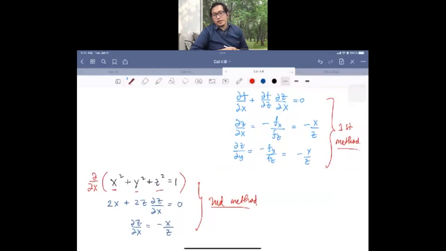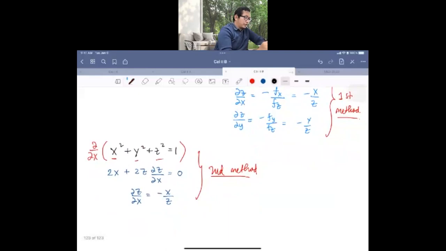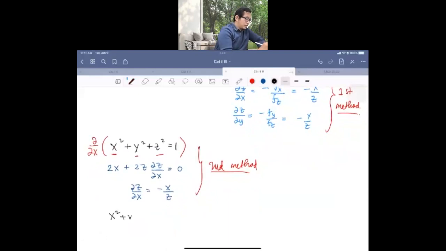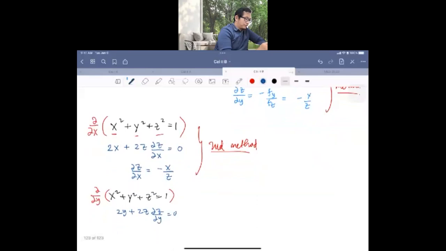Both methods are correct. Both are correct. So it's up to you which method to use. In the same way, if we want to derive with respect to y, this will be 2y plus 2z dou z dou y equals 0.